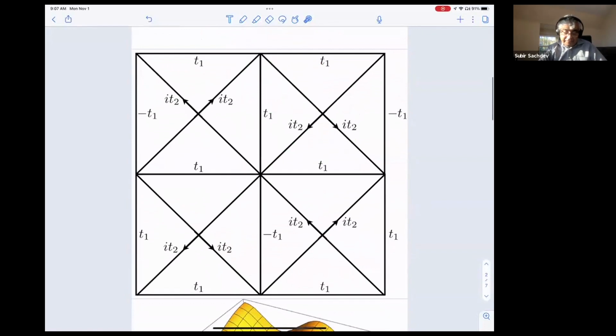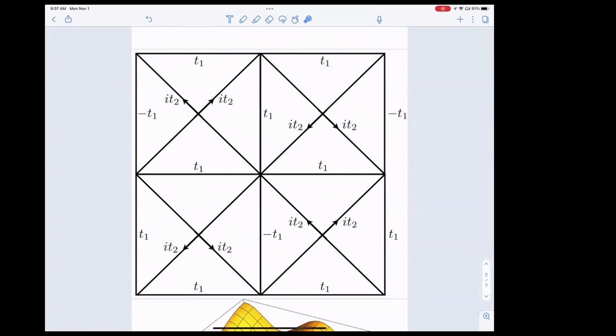But for example, this hopping matrix element has an i in front, and so it's imaginary. So the diagonal bonds are imaginary, and the horizontal and vertical bonds are real. And by making this ansatz, we have broken time reversal symmetry, as you see. But then I can ask my question: how is this preserved by the gauge transformation?